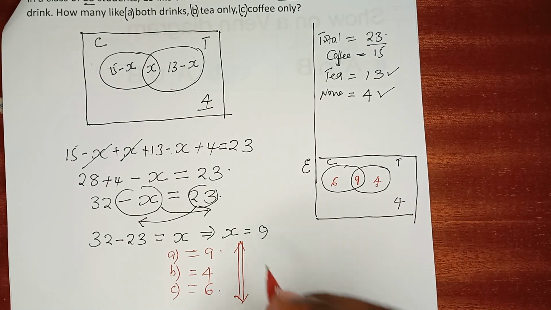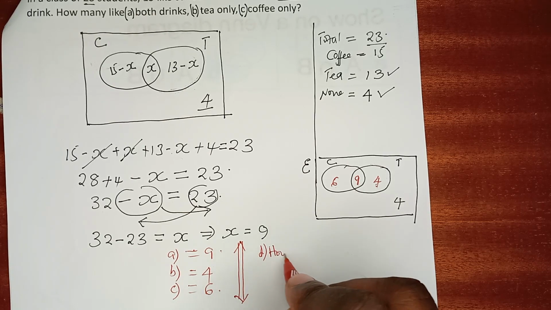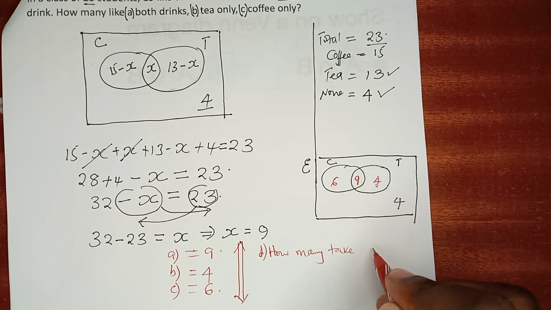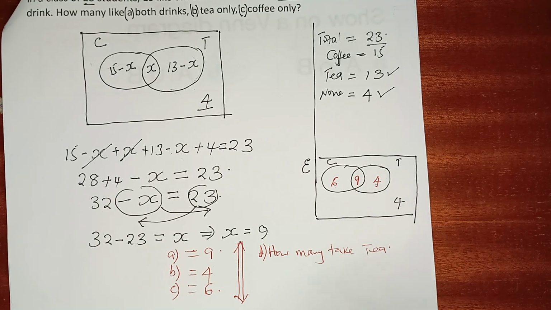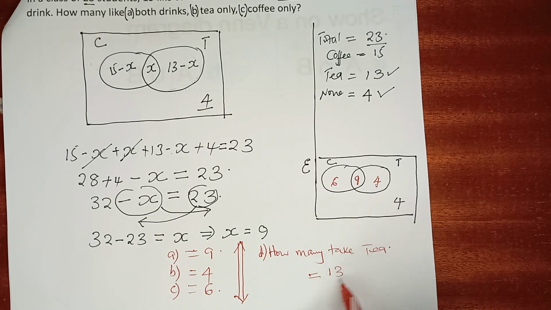Please take note. For example, if I were to set a separate question, part D, and say how many take tea? The answer would be entirely 13, and that is it.